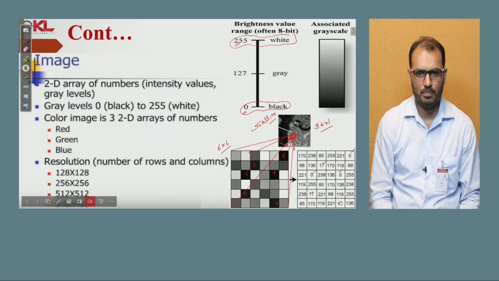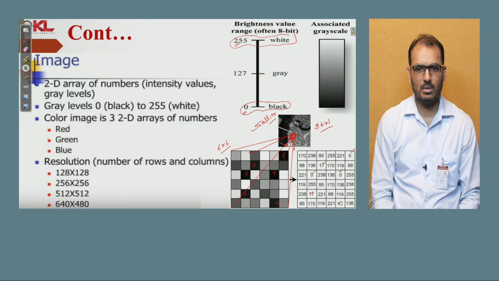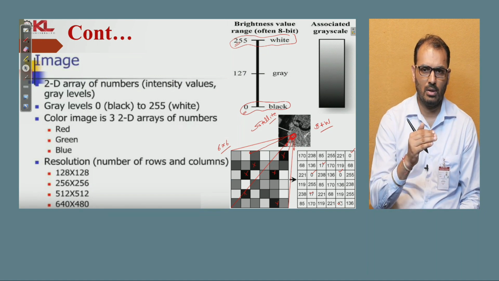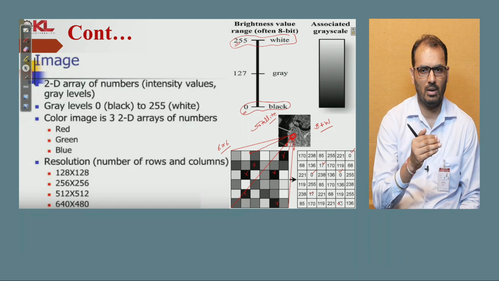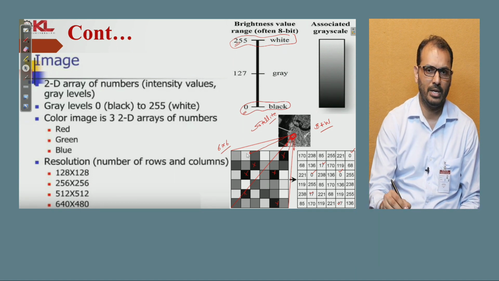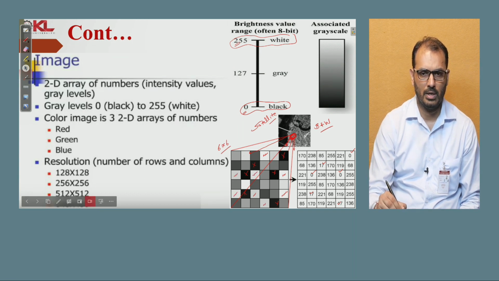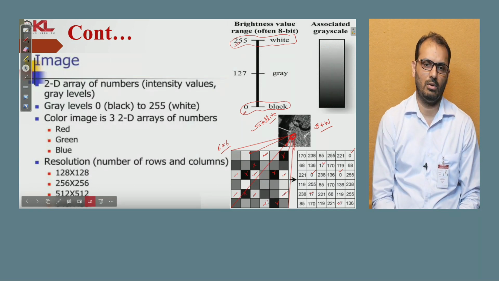What exactly is it? Wherever the light black is, there also the values are less, and wherever complete whiteness is available, those values are 255 only. In this particular area, wherever I'm writing this symbol, those areas are approximately 255 only, the highest values.